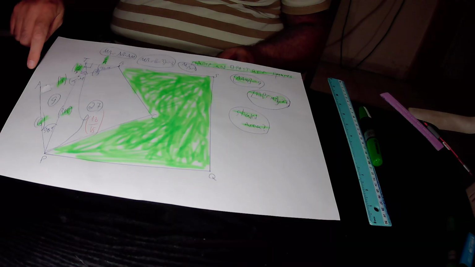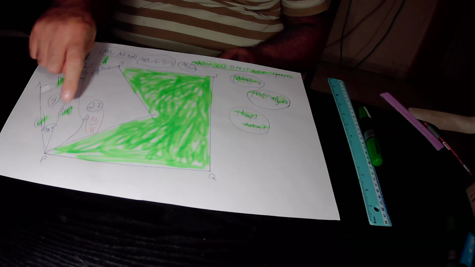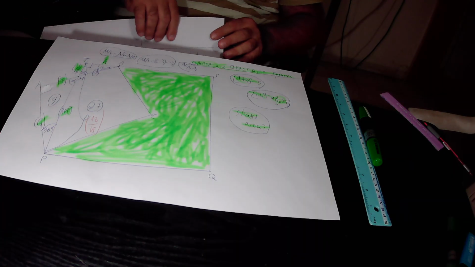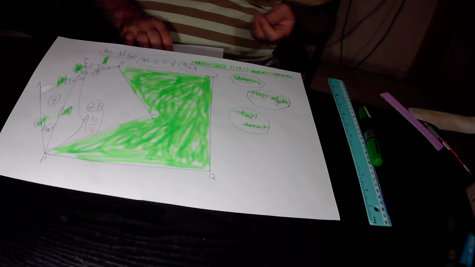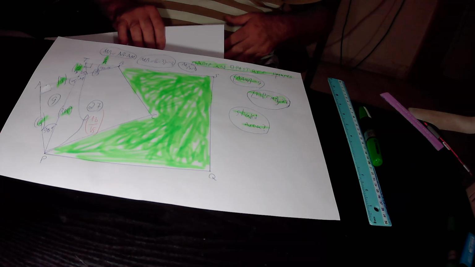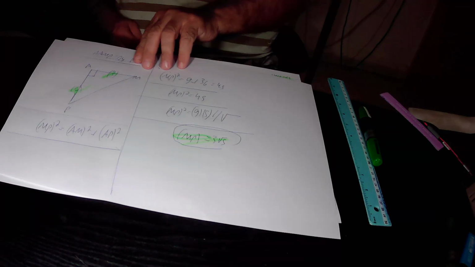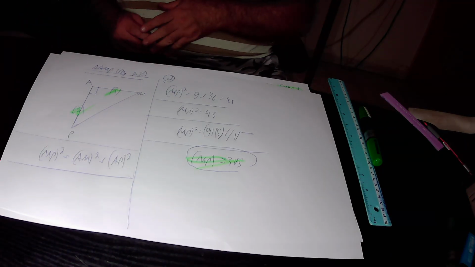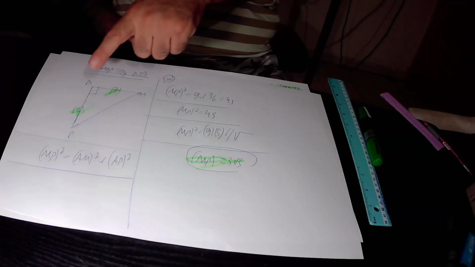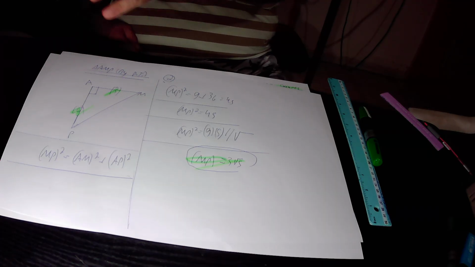In the next step, I copied the right triangle AMP onto a new page and applied the Pythagoras theorem. According to the Pythagoras theorem, in a right triangle, the square of the hypotenuse equals the sum of the squares of the perpendicular sides. So this is the right triangle AMP that I copied from the original drawing. Side AM equals 3, AP equals 6. MP, the hypotenuse, is the missing side.